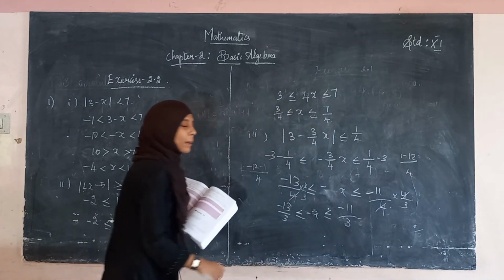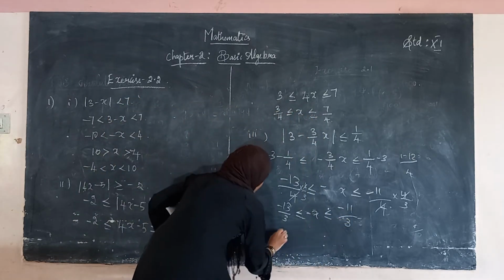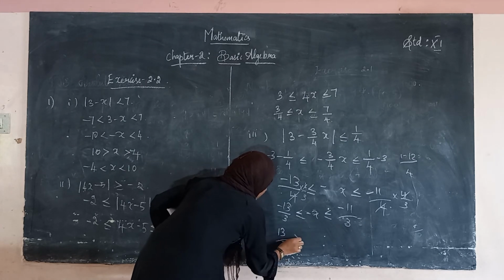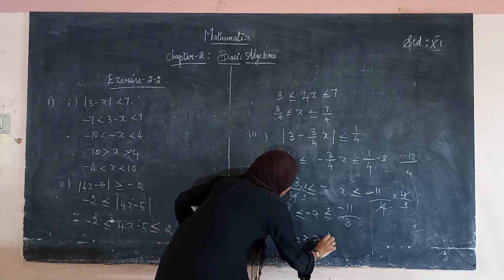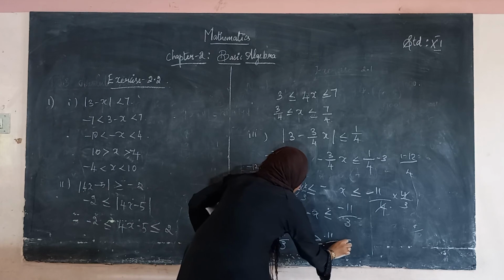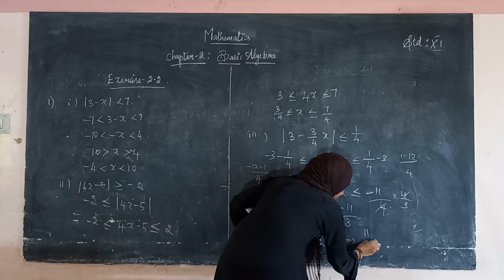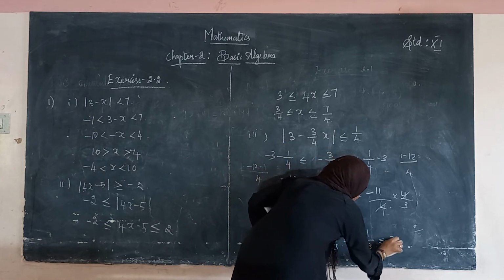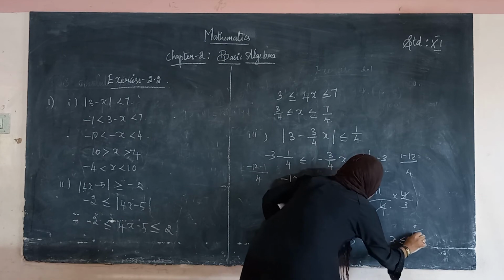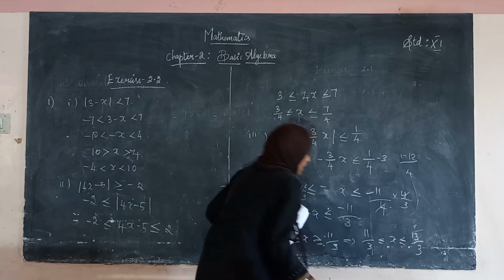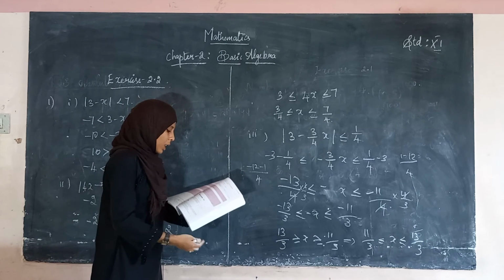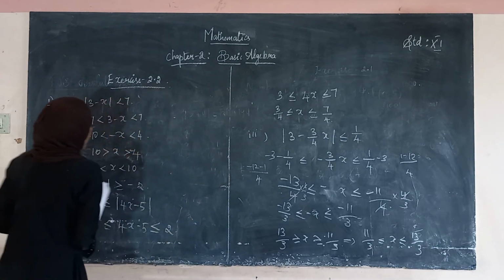Now multiply by minus 3 on all sides. What happens? 13 divided by 3 is greater than or equal to x, greater than or equal to 11 divided by 3. So rewrite it. While rewriting, what's the answer? 11 divided by 3 is less than or equal to x, less than or equal to 13 divided by 3. That is, from 11 divided by 3 to 13 divided by 3. That's the answer.